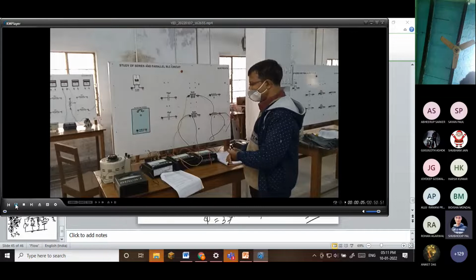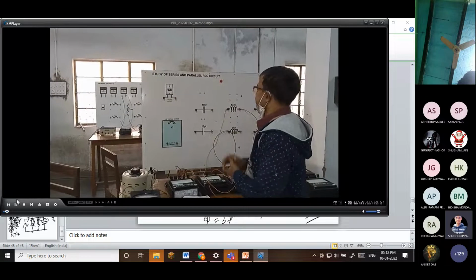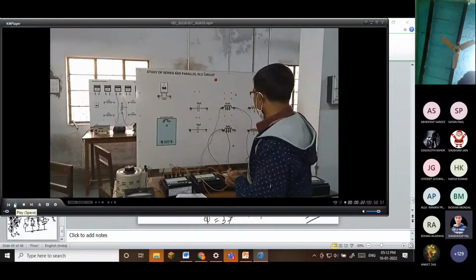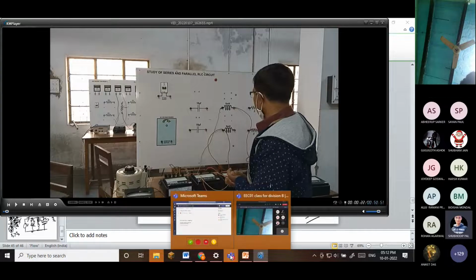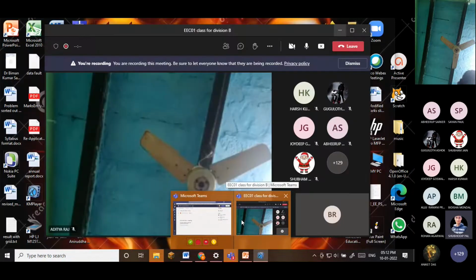So you can see here we are standing before this panel. The screen is frozen. Video is lagging. Sir, the screen is frozen, we cannot see it.